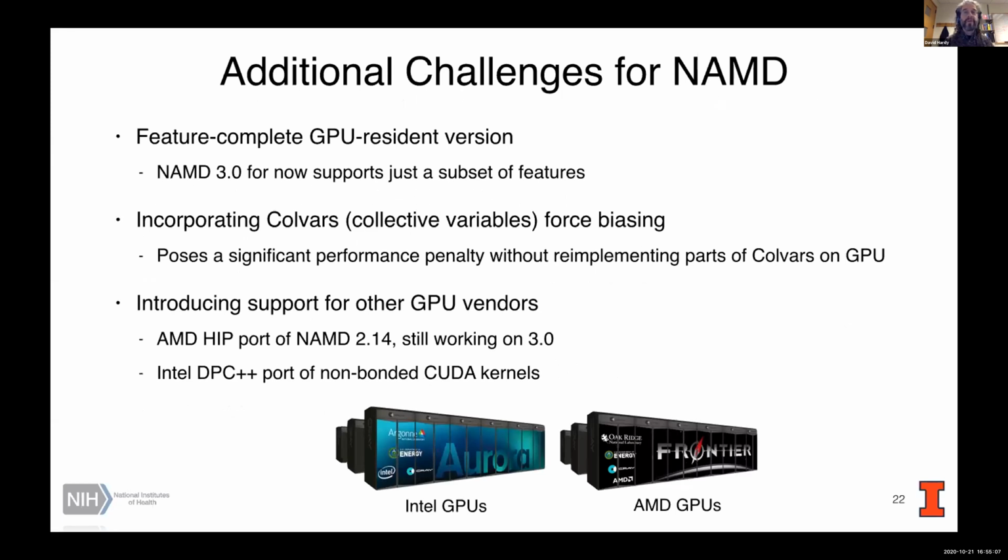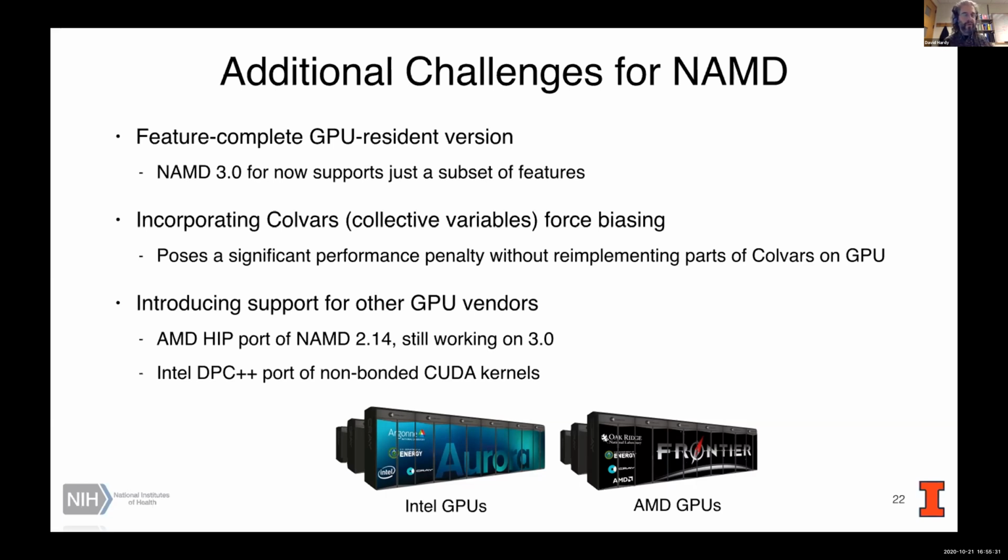So we have some additional challenges for NAMD as well. First is to have a feature complete GPU resident version. NAMD3 for now only supports a subset of the features and not a lot of the advanced features.